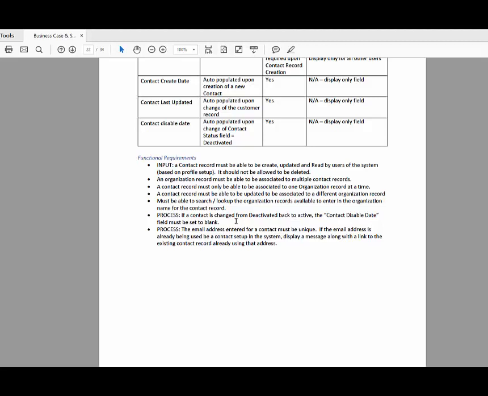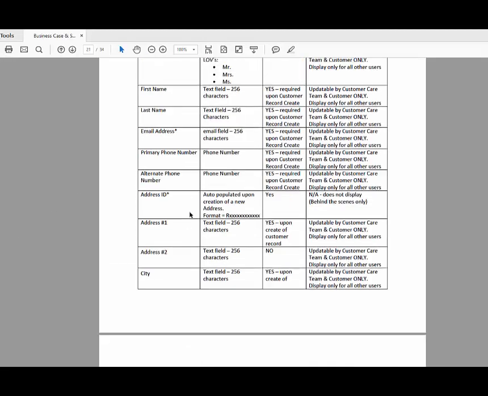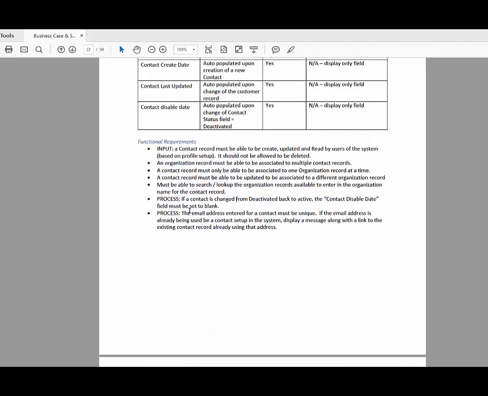These are all of the requirements that a user is going to want to see within the system when they're utilizing and entering this contact information. So the functional requirements are complementing your data requirements that you've identified and telling the IT developer what are the things that need to be input, what are the processes that need to happen, how is this system supposed to function based on what the users have requested.